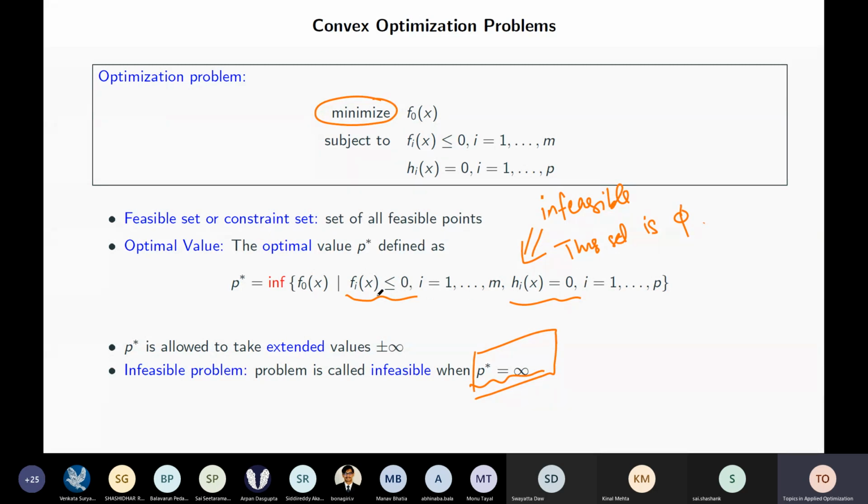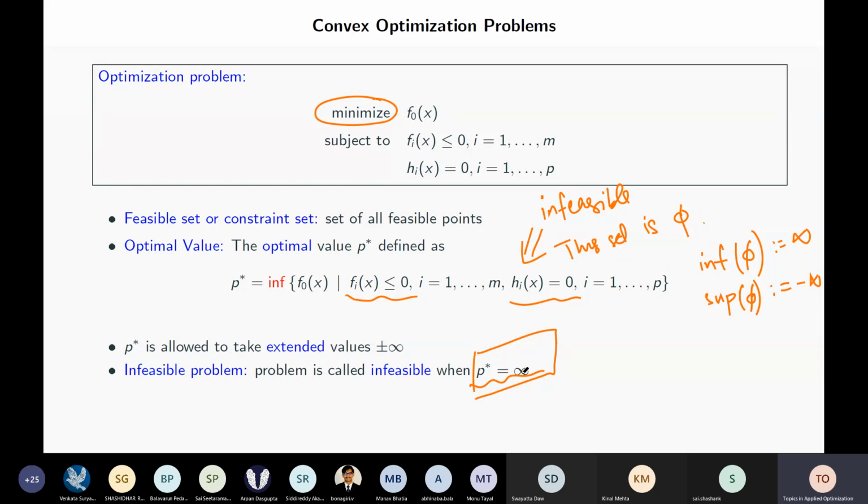So this set is empty, and we are taking the infimum of the empty set, and the infimum of the empty set by definition is plus infinity. This is by definition, so you should not think too much about this. And the supremum of the empty set is minus infinity.